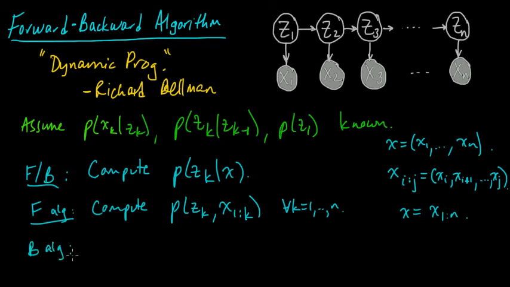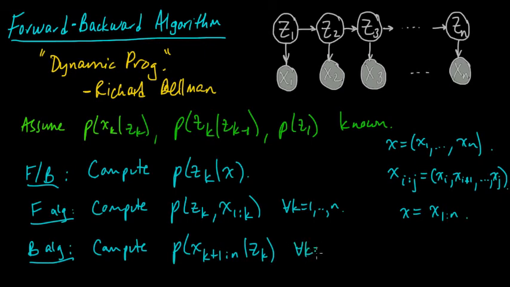And then the backward algorithm. So the forward-backward algorithm breaks up into the forward part and the backward part. And the backward part is to compute the distribution of xk plus 1 through n given zk for all k from 1 to n. And of course for all the possible values of zk as well.